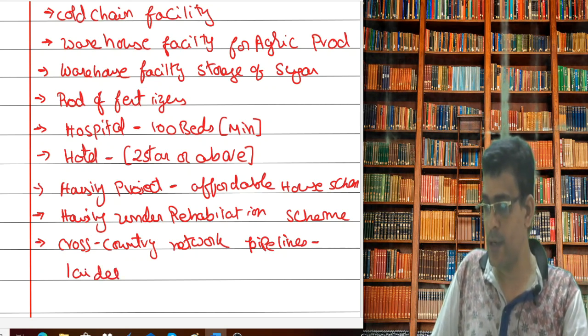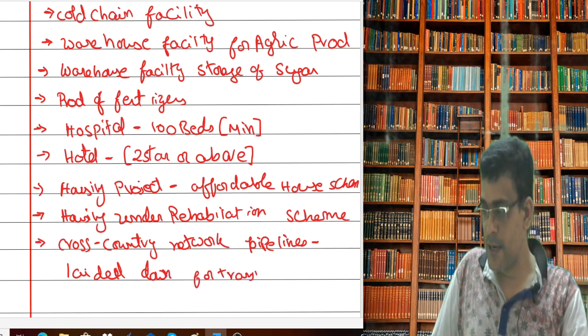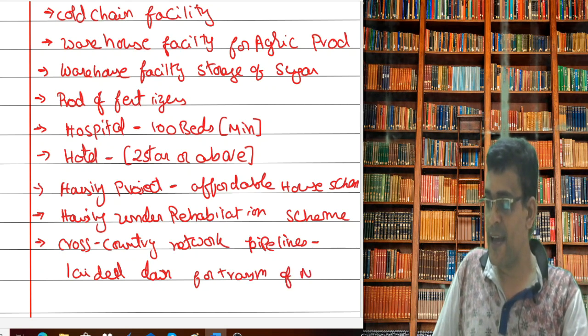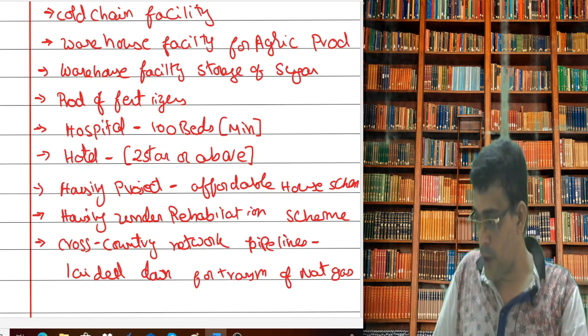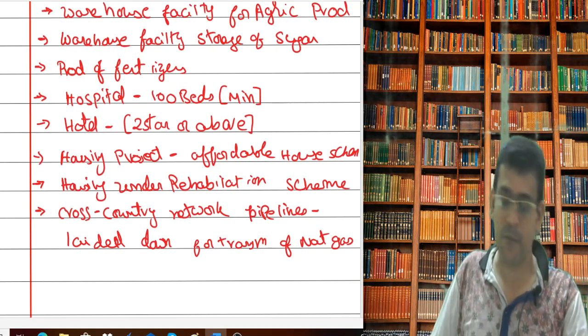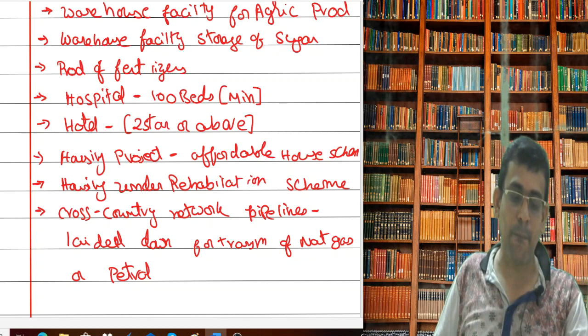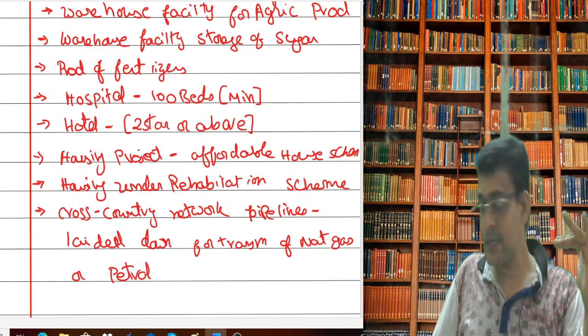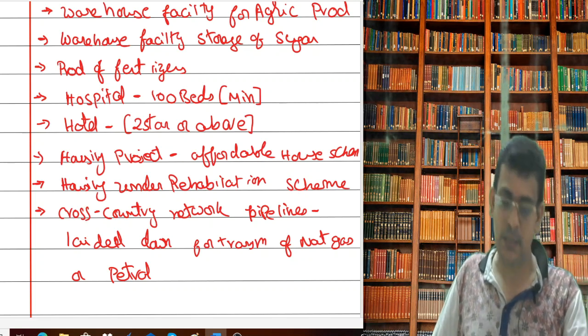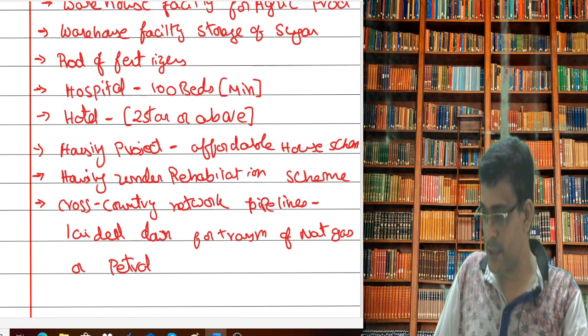For two things: these pipelines are laid down for transmission of natural gas or for transmission of petroleum. So for these two things, if this pipeline is constructed, that is also said to be called a specified business.